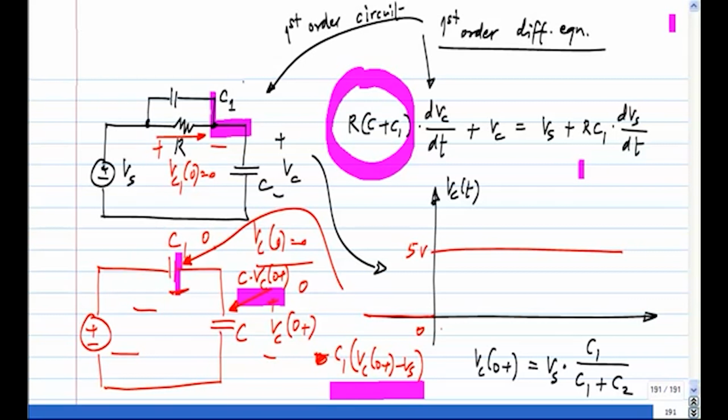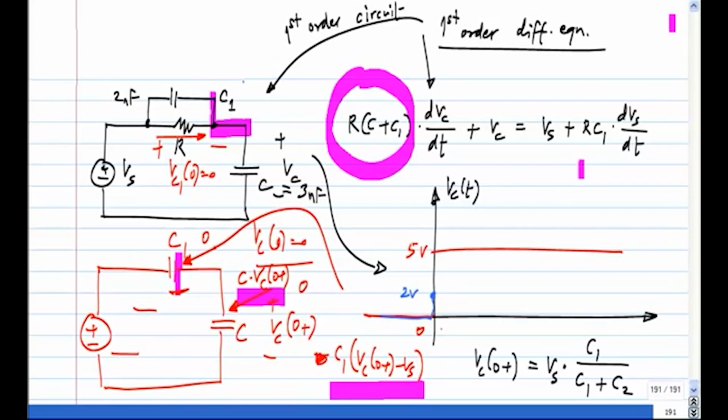Now this is good only for calculating the step itself. After that, of course, the current through R will change the picture. So let's say C is 3 nanofarad and C1 is 2 nanofarad. What is the step? 2 volts. So this will jump to 2 volts. After that, what happens?